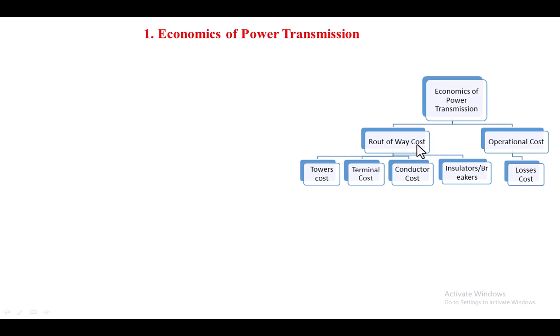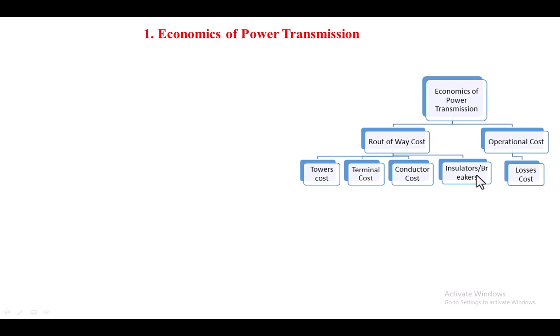When you are going to lay the transmission line, it requires a conductor. In the same manner, it requires towers, terminal cost, insulators and breakers. For a given voltage rating and power level, the same type of insulators we can use.